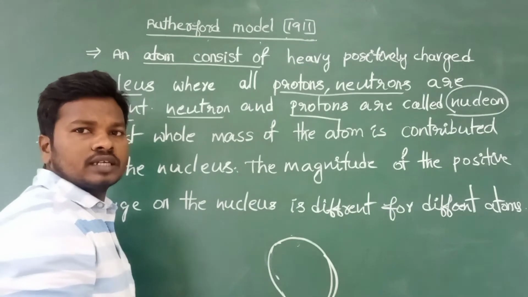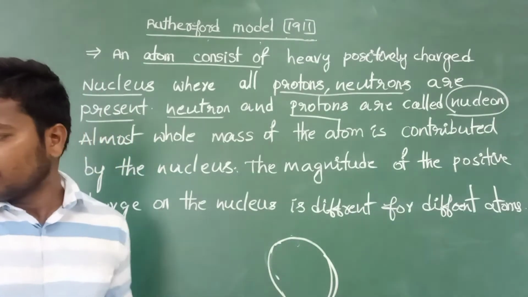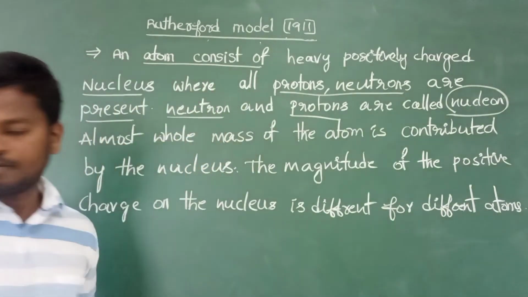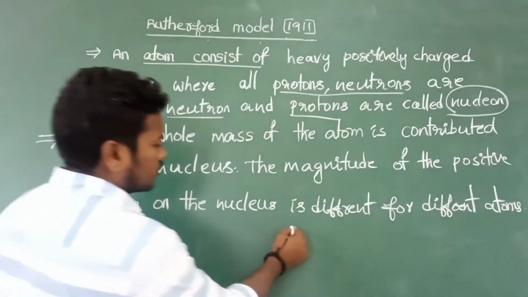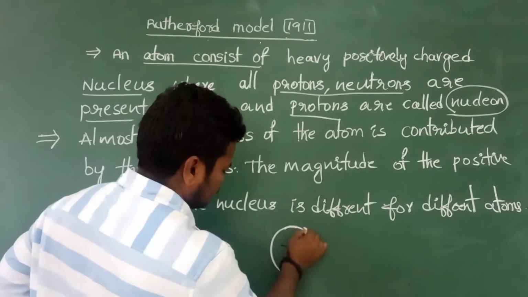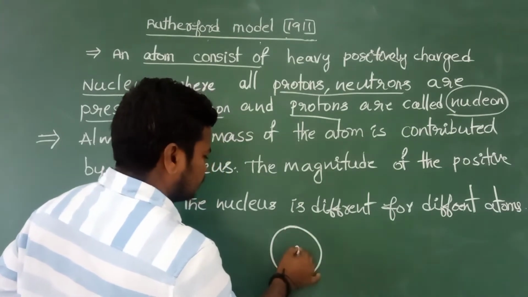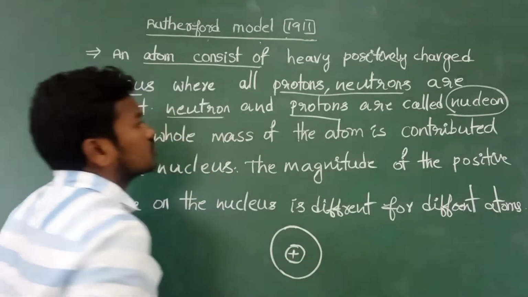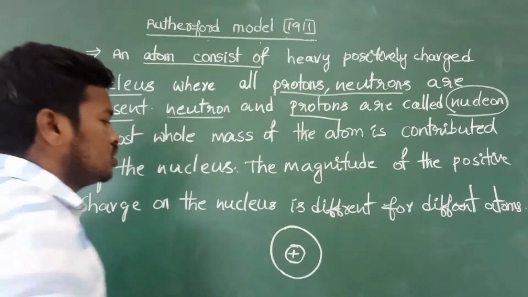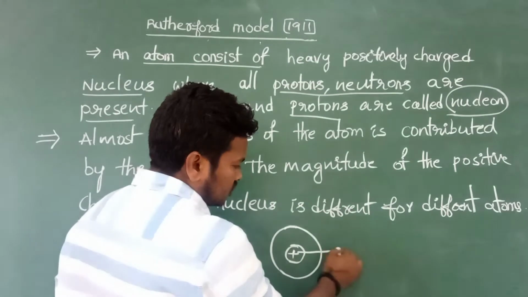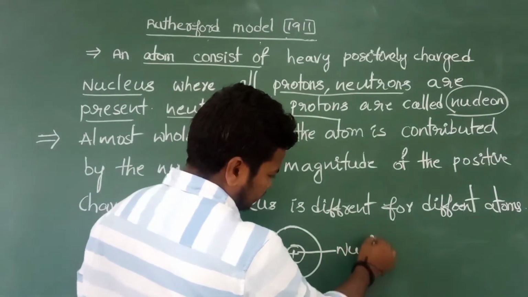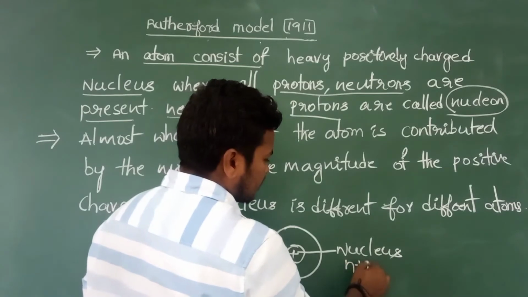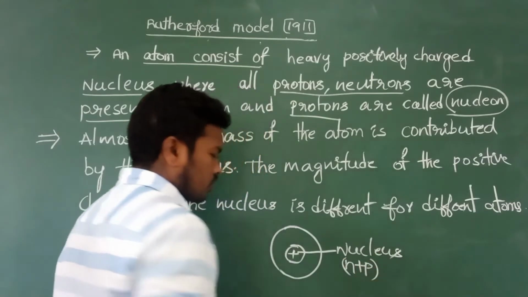At the center of the atom, a heavily positively charged nucleus is present. This is called the nucleus. In the nucleus, neutrons plus protons are present.